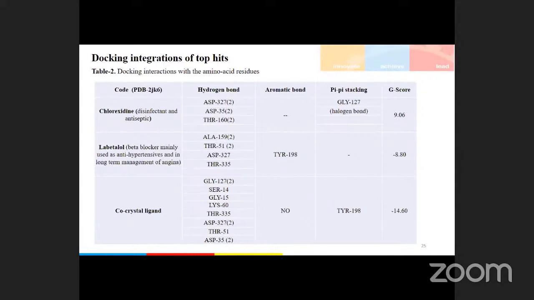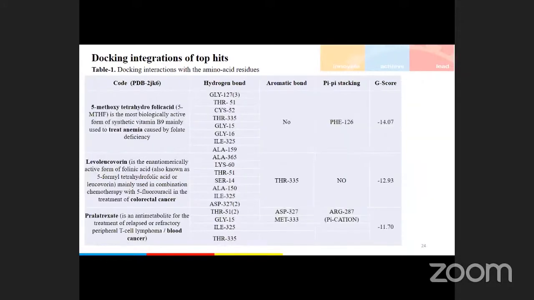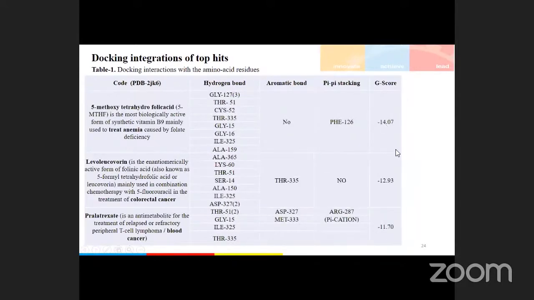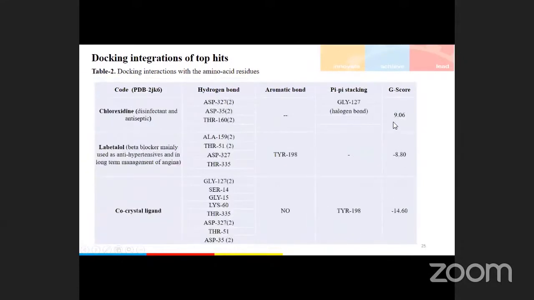We have analyzed them in detail. In all these top 5 hits, we got hydrogen bond interactions of almost 4 to 8. The first top hit molecule we already saw has 8, and the second also has 8 hydrogen bond interactions. Then the top 3, top 4 and top 5 have almost 3 or 4 hydrogen bond interactions. It is clear that the docking score gradually starts reducing: minus 14 reduced to minus 12, then minus 12 to minus 11, then minus 11 to minus 9.